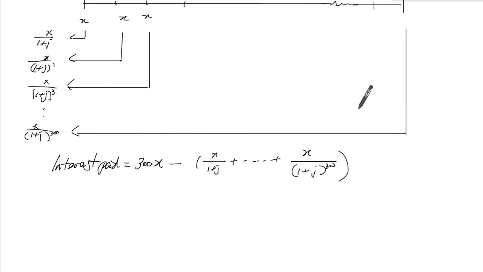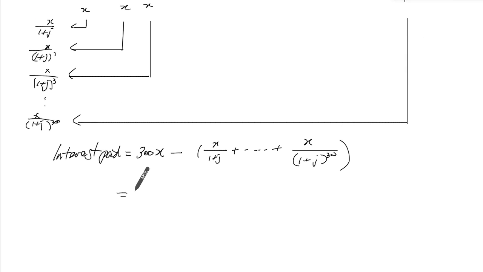So anyway, let's write an expression for this: 300X minus the sum. You can factor out an X. The sum is a geometric series, so the formula is a times (1 minus r to the power of 300) all over (1 minus r).